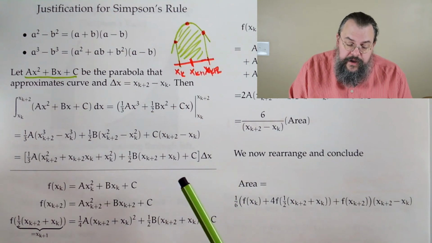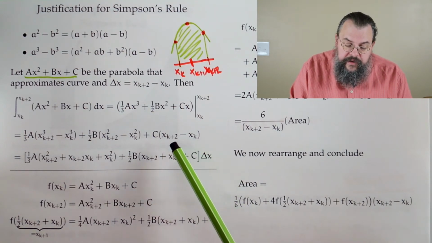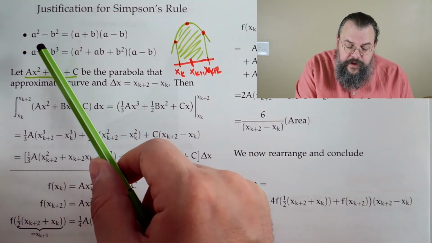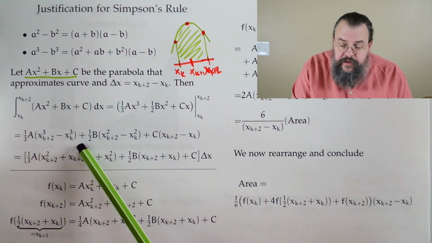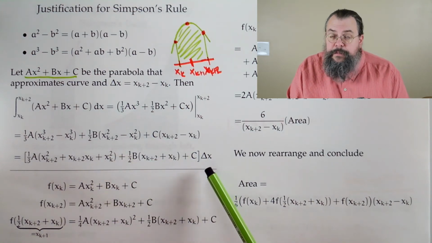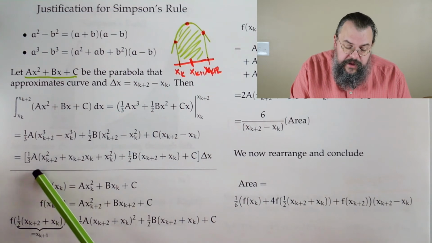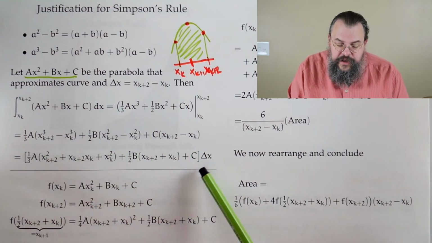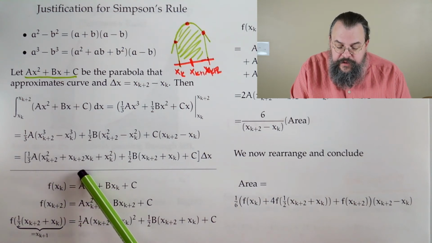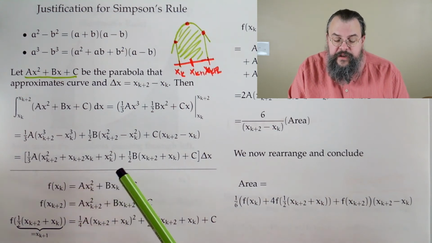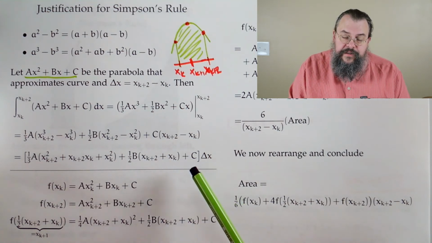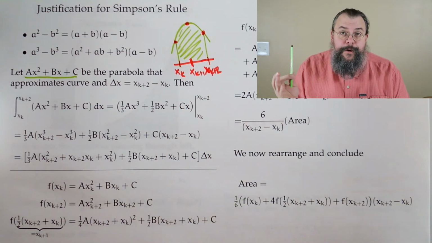Now, this xk plus 2 minus xk, we'll call that our delta x, and because of the difference of squares and difference of cubes, this has an xk plus 2 minus xk, and this has an xk plus 2 minus xk, and we pull everything out. So we get this wonderful expression here: 1/3 a times xk plus 2 squared plus xk plus 2 times xk plus xk squared, a half b, xk plus 2 plus xk, and c. All right, there we go.